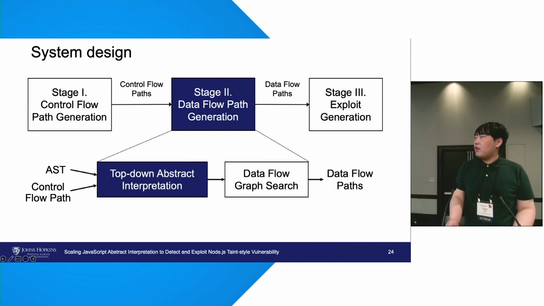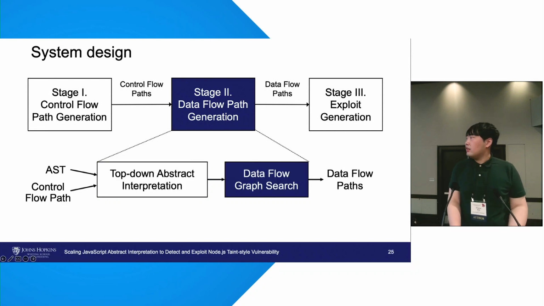It's branch-sensitive and generates object-level interprocedural data flows. The second step searches for data flow paths for both vulnerability detection and exploit generation.